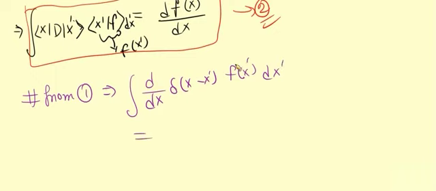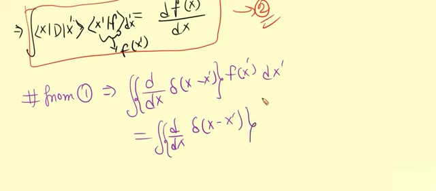But this f of x prime, you could write it as d/dx of delta. Obviously this derivative operation is only acting on the delta function, not the x prime, so be sure to differentiate that. And this f of x prime can be written as the x prime of f and dx, and this was our equation 1.